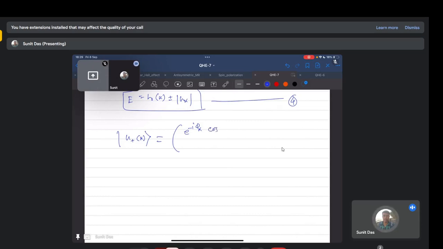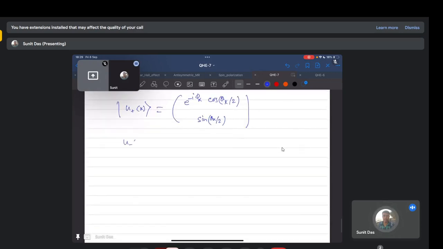I have not yet defined phi k and theta k; now we will define them. This corresponds to the E plus eigenenergy, and u minus of k corresponds to the E minus eigenenergy: e to the power minus i phi k sine theta k by 2, and minus cos theta k by 2.